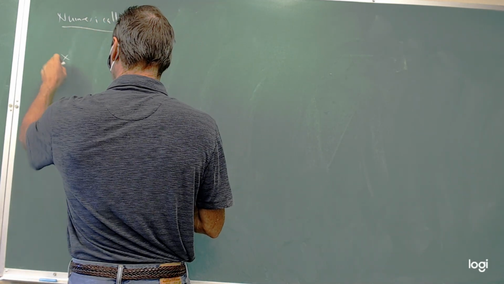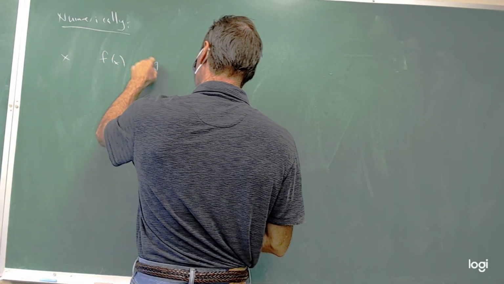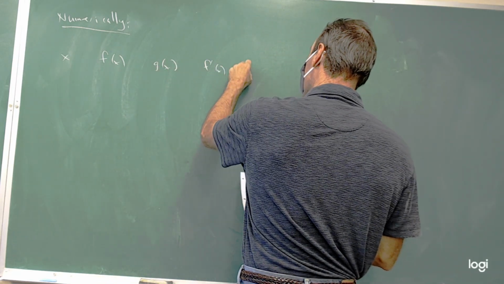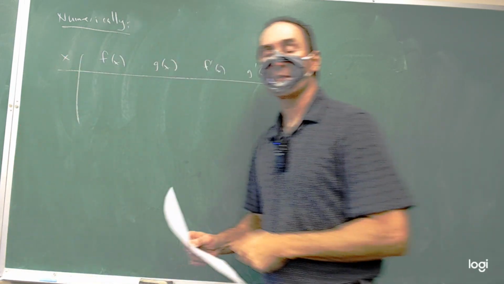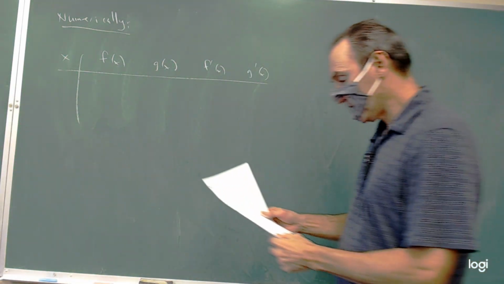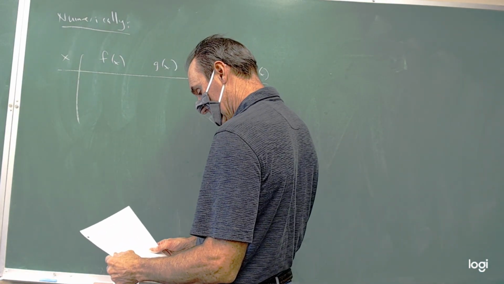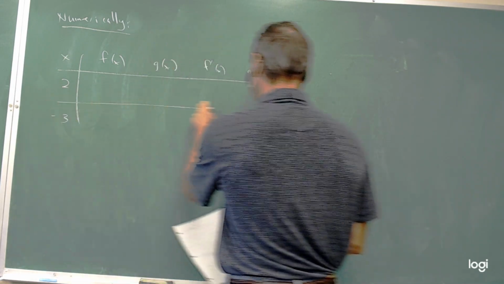I'm going to give you a table, x and f of x and g of x and f prime of x and g prime of x. And I'm going to give you these values at a few selected values of x. So we're going to say at 2 and negative 3.